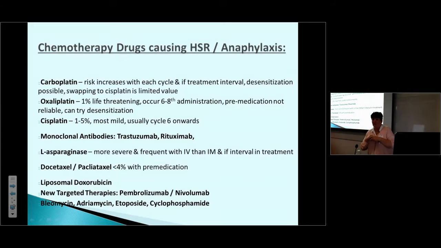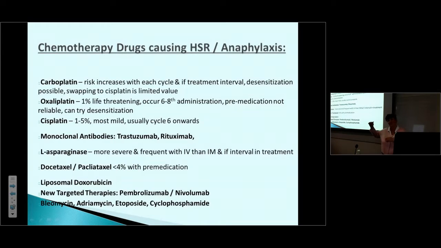But what's becoming more common, especially in the world of ovarian cancer, is that we're now using it as second line treatment. So basically patients have an interval of at least 6 months from finishing cycle 6 and then maybe resuming carboplatin again.